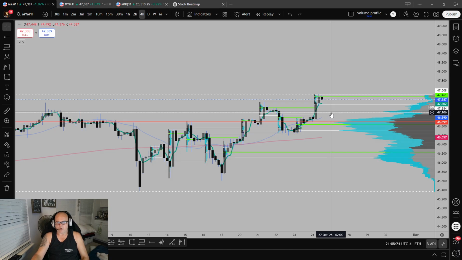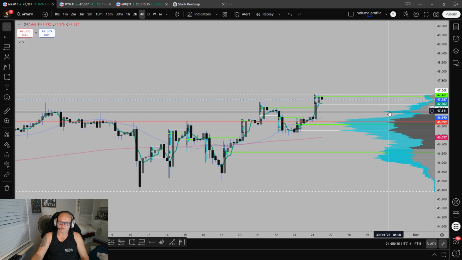There's a few reasons why. Number one, it is a high volume area shelf that is below price. That very well could hold and act as support, unless we're going to dip below it and fill in some more of this low volume area here, but I'm pretty much willing to guess that we're not going to, and I'll explain how I think that now.